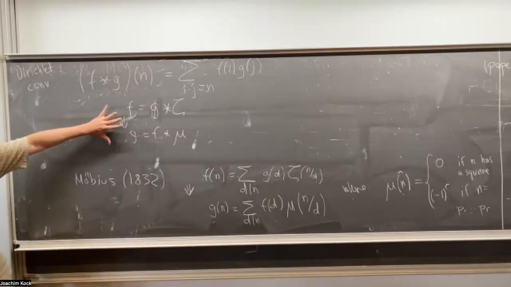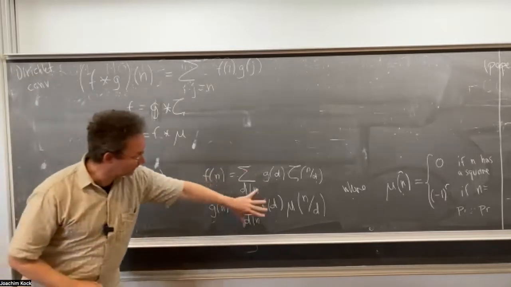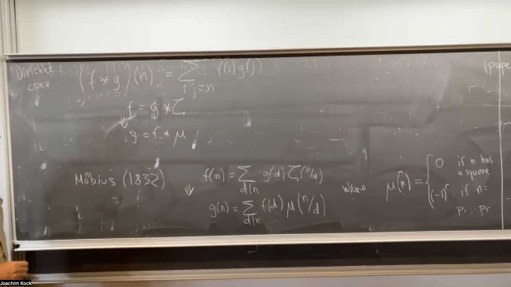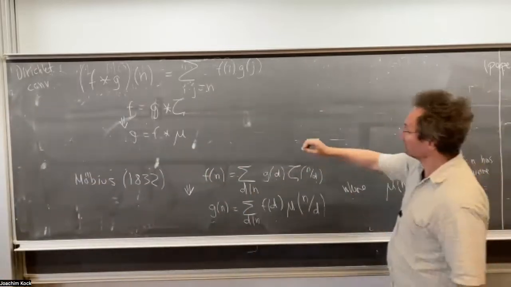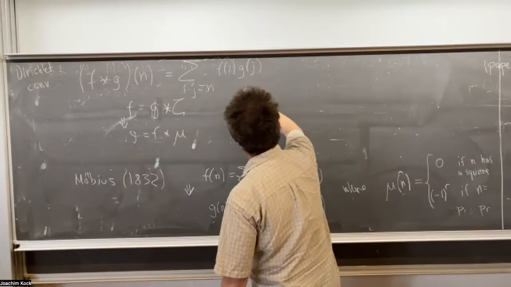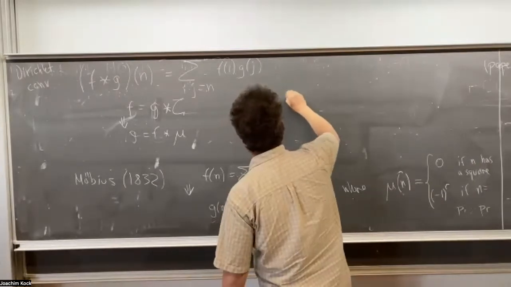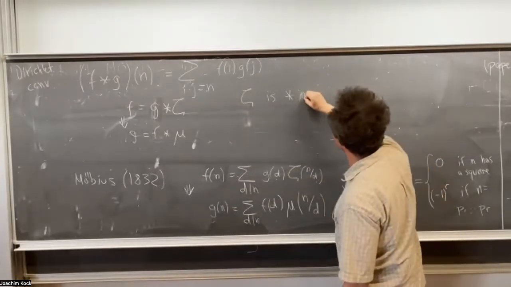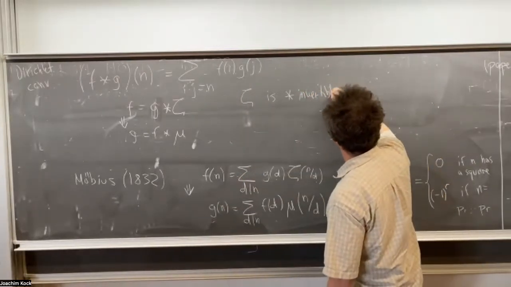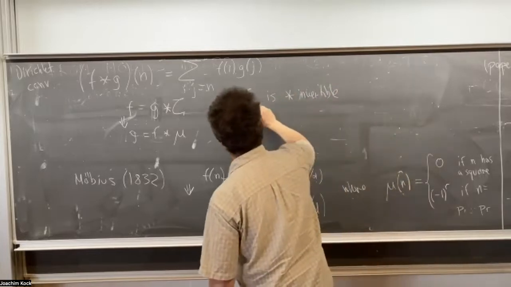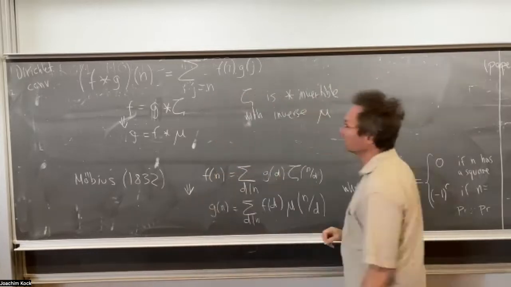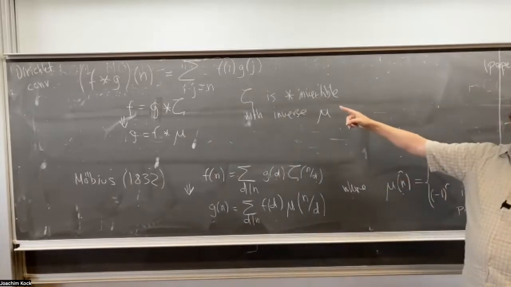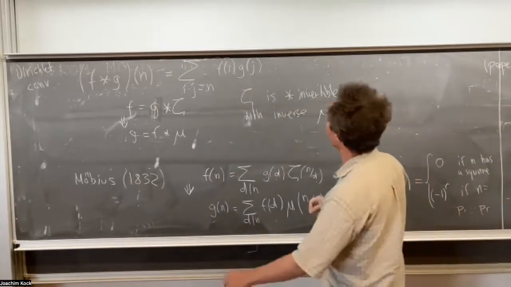This makes it much more clear what is the kind of structure involved here. Actually, the whole thing can be said as follows: zeta is convolution invertible with inverse mu.